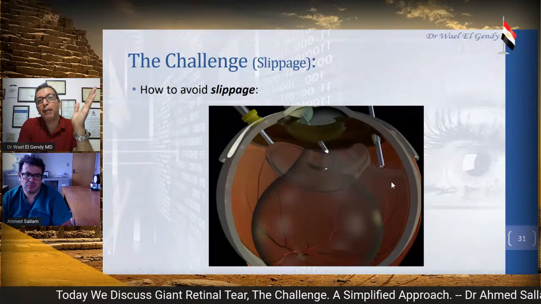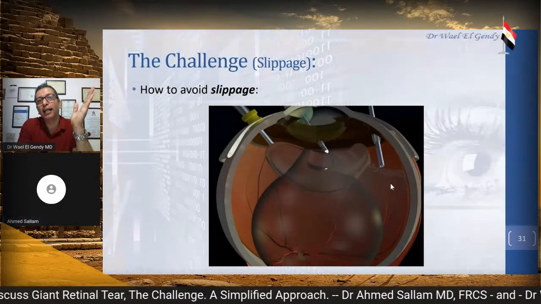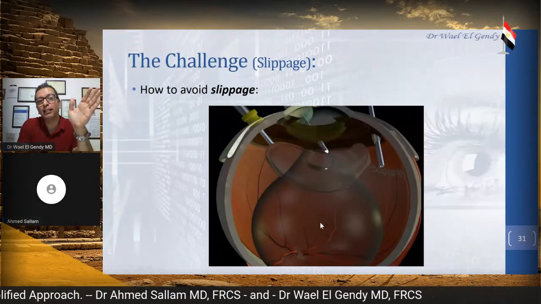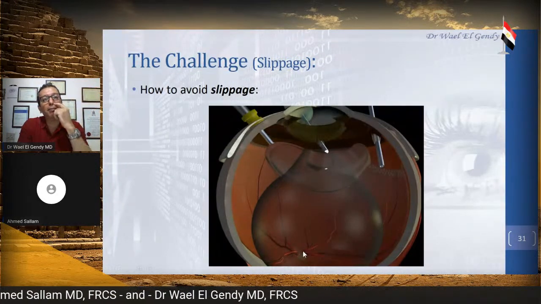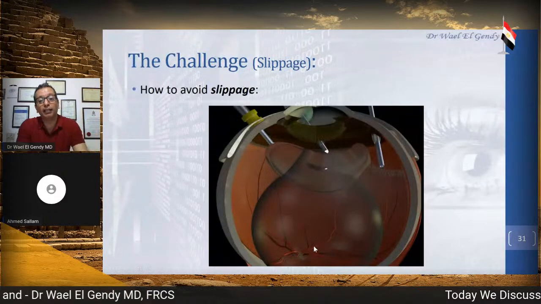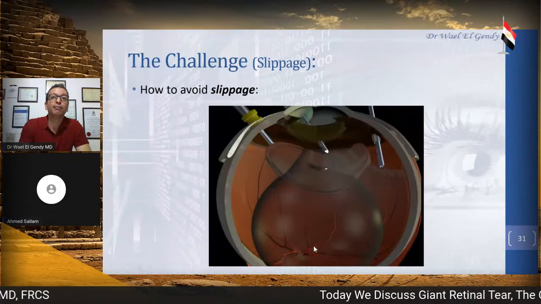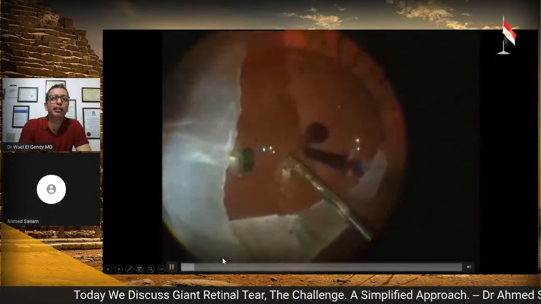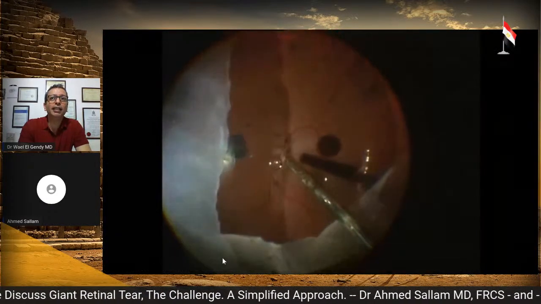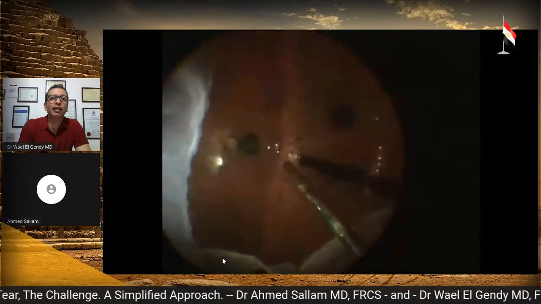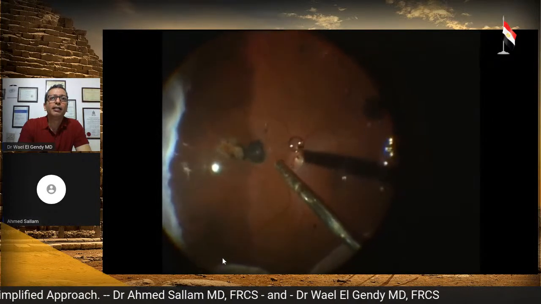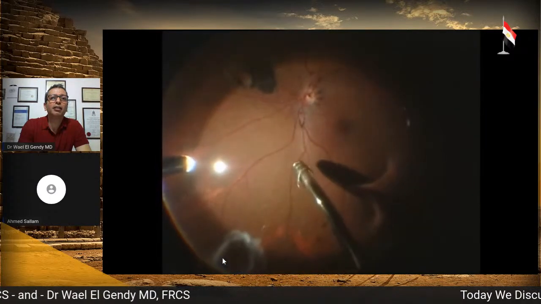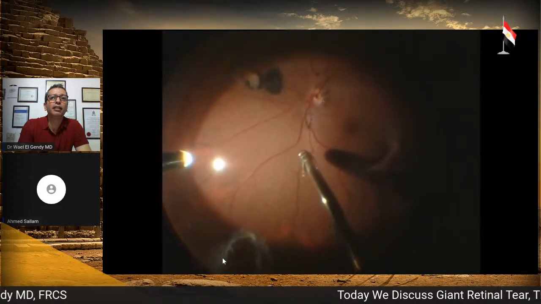You keep aspirating the fluid from the side, and the silicone comes in until the fluid is totally aspirated, and then you aspirate the PFC as a bubble inside the silicone. This is a very quick, small video that shows this. As you can see, the PFC is filling. And then this is direct PFC silicone exchange.